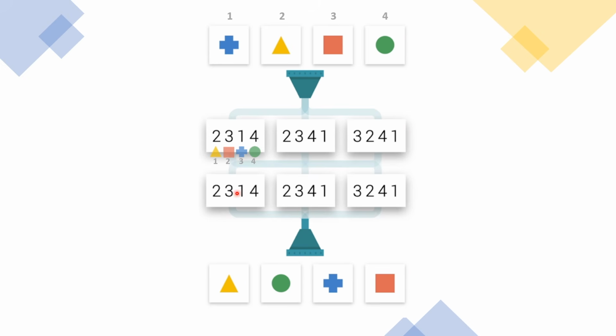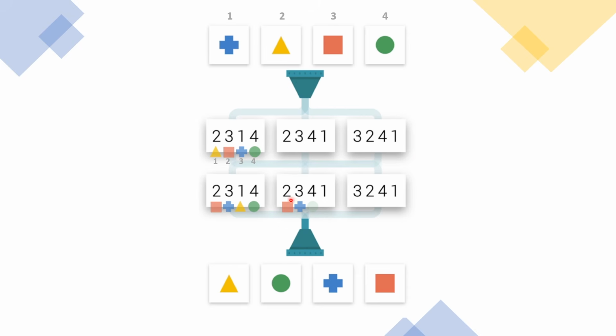And then we start solving for the first operation. So 2 is the square, 3 is the cross, 1 is the triangle, and then 4 is the circle. We do a quick reference check and we can see that this is obviously not the right answer. So we move on to the next one.